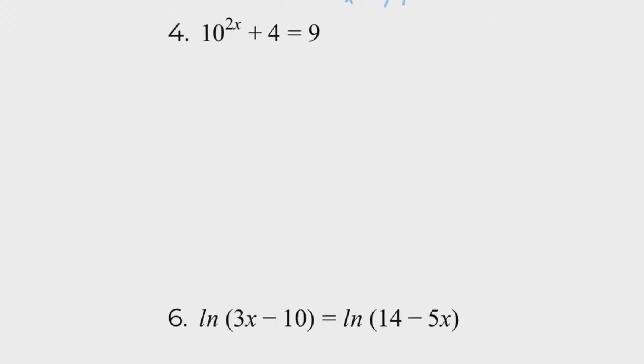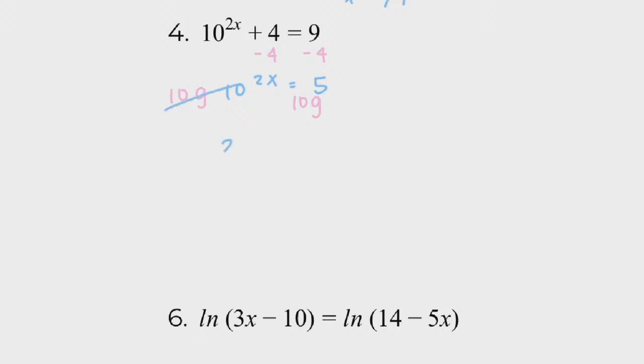Okay, number 4. First we want to isolate the exponent. So we're going to subtract 4 on both sides. So we have 10 to the 2x power equals 5. And then we're going to log both sides, similar to that last problem. That way the base of 10 will cancel out and we're just left with 2x.